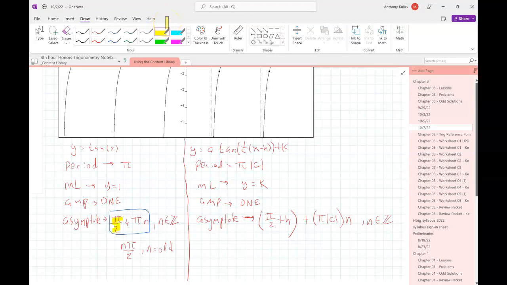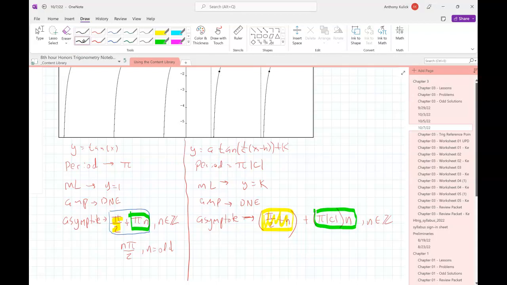So I took this and factored in the horizontal translation, and I took that and factored in the change in period. Everybody's okay with that? Okay.